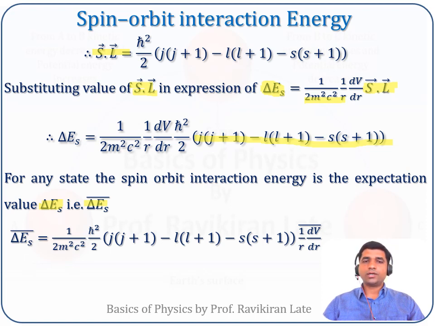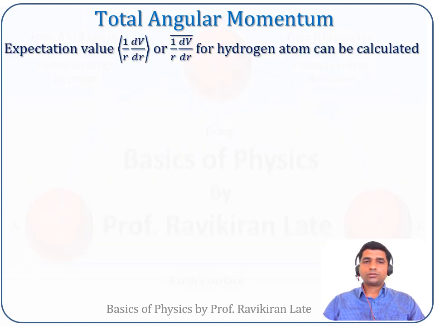So we have to consider the potential for a hydrogen atom, and by using the wave functions for a hydrogen atom, we have to calculate the expectation value of 1 upon r into dV by dr, which you will study in the quantum mechanics course.